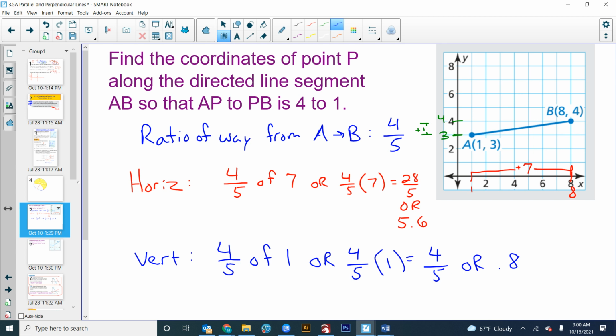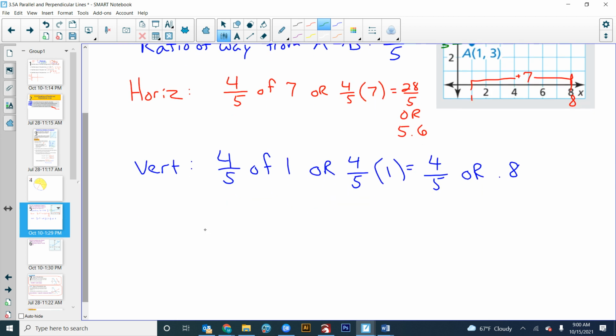All right, so some common mistakes I don't want you to make. Some students will be like, oh, I've had enough, I'm just going to write the point 5.6, 0.8 to be done with it. Now, those are how much you're changing from A to B, right? Horizontal and vertical. So now to get the point, and they call the point P, we take A's x value of 1, and we add or subtract 5.6.